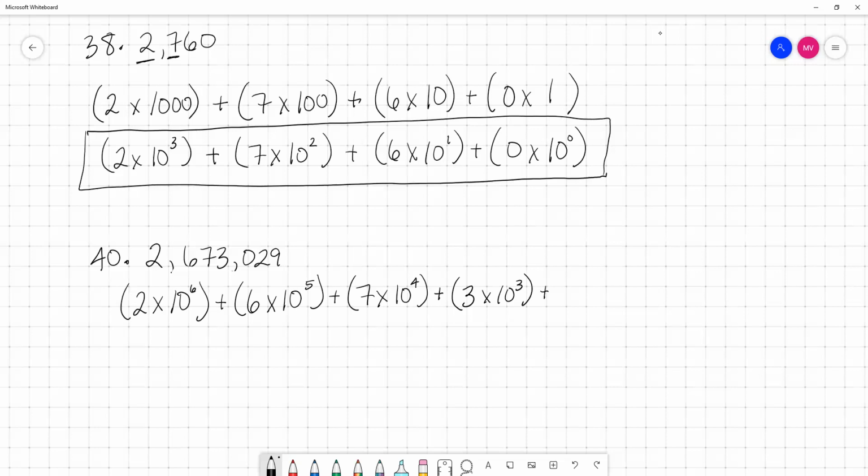Then 10 to the first plus 9 times 10 to the 0. And we honestly could have done that with number 38 as well. We could have just eliminated this whole portion here, because you know, if there's no expanded form for it, that it's just 0.